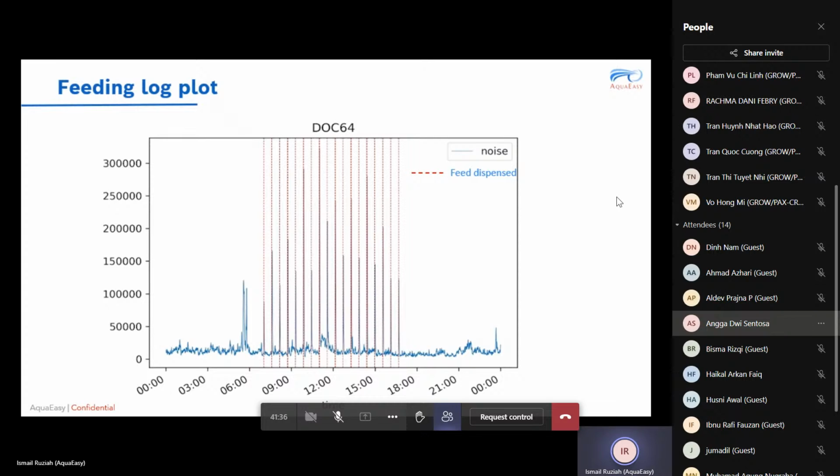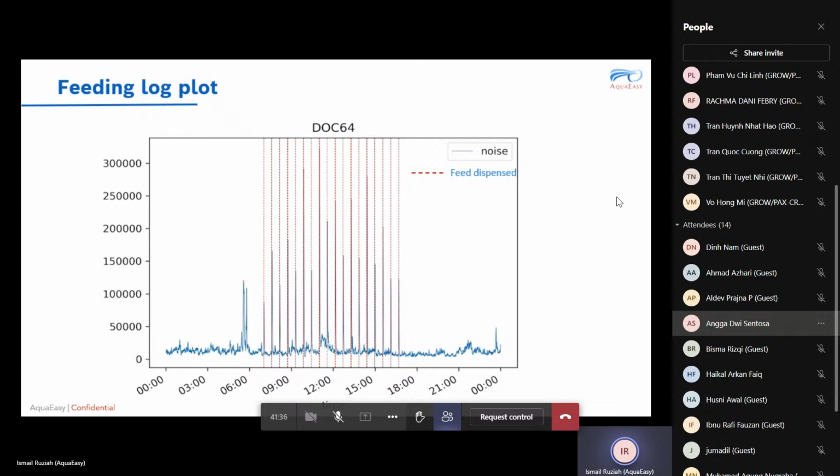This is a normal, good, more common feeding pattern. Early in the morning when I feed, the spikes are very high and there's burst feed.